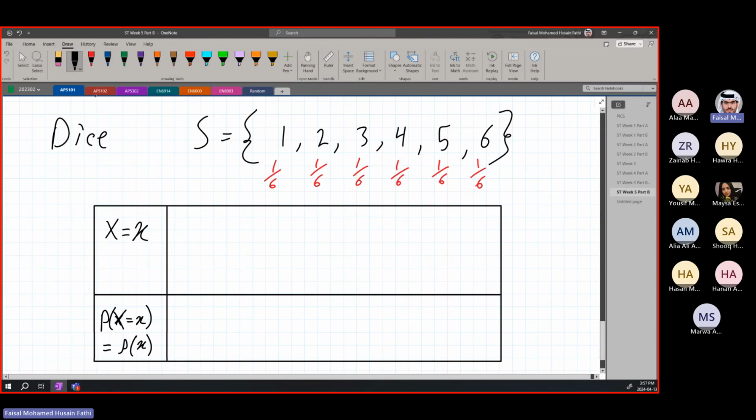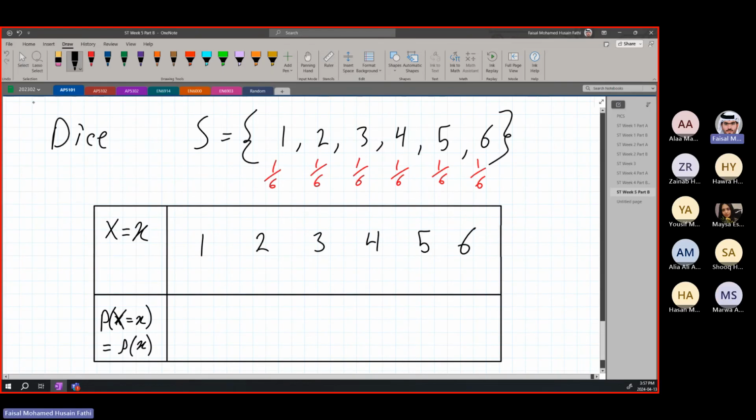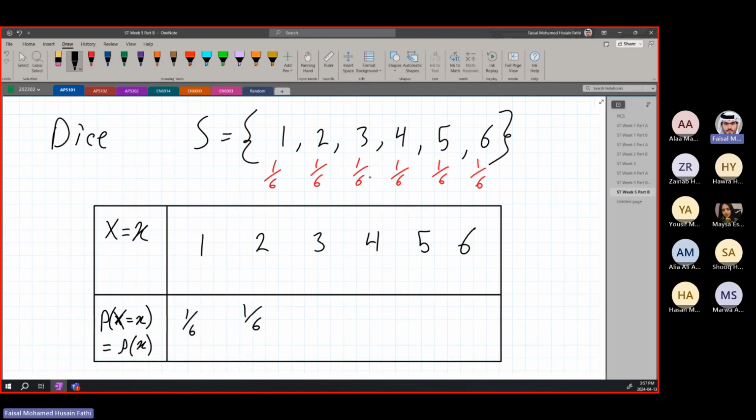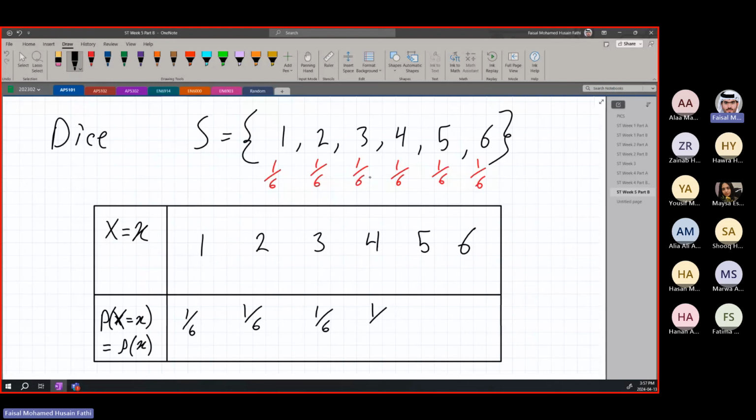For the x values 1, 2, 3, 4, 5, and 6, we're going to have a probability of 1 over 6 for each. And the total has to be equal to 1.